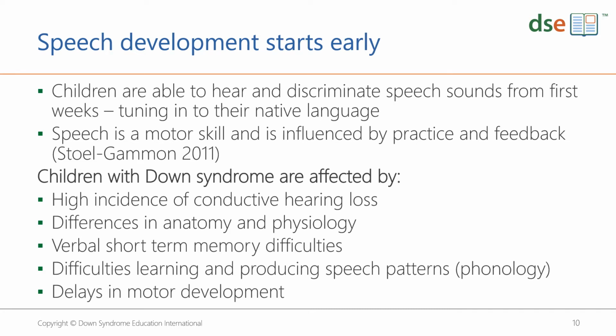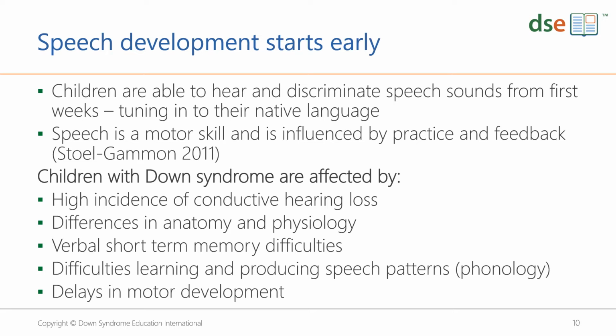The other thing stressed by Carol Stoel-Gammon, who's one of the experts on speech development in children with Down syndrome, is that it's a motor skill. It's influenced by practice and feedback. Babies babble, they listen, they hear their own speech. It's influenced by practice, okay, and input and feedback from those around them.